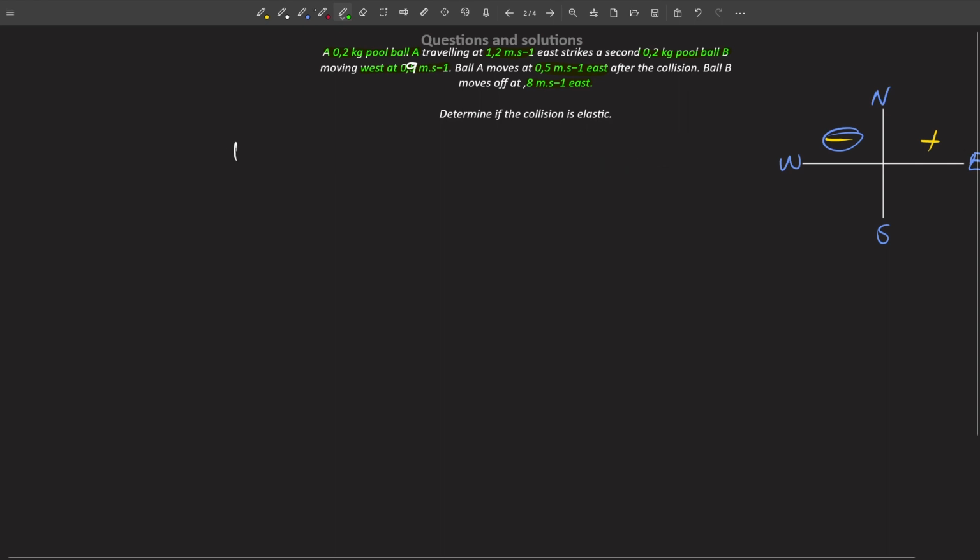Okay, let's just do this in a simple manner. We will have the sum of the kinetic energy before collision, the initial kinetic energy, which is equivalent to half the mass of ball A times the initial velocity of ball A squared, plus half the mass of ball B times the initial velocity of ball B squared.